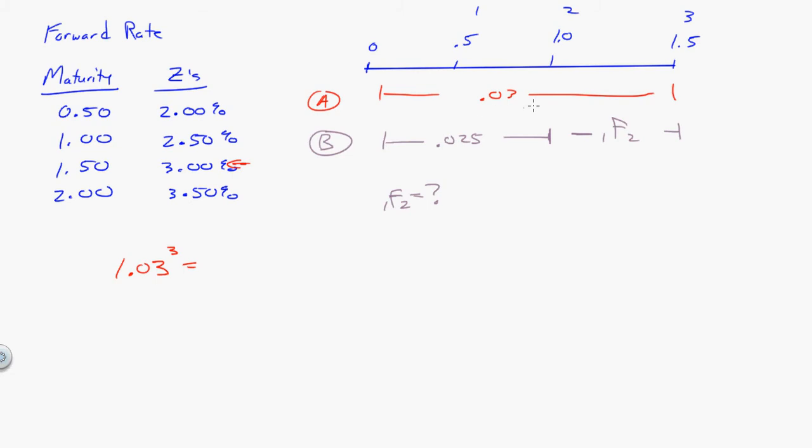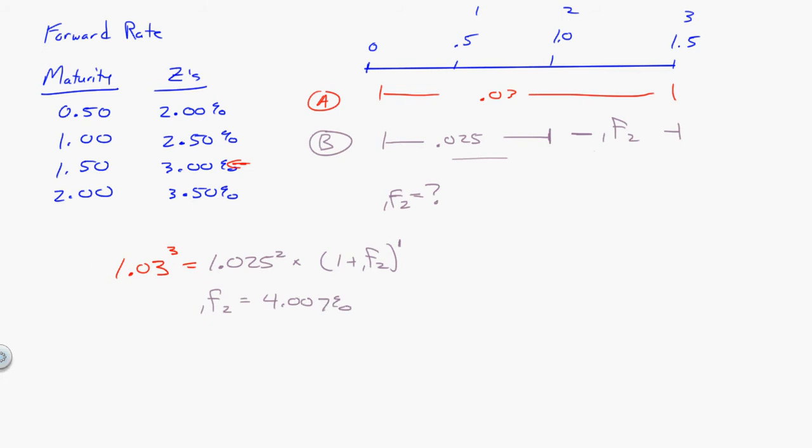My options are A, invest at 3% for the entire 3 periods, or B, invest for a year or 2 periods at 2.5%, and then invest at some unknown rate sometime in the future. So this would be 1.025 squared times 1 plus 1F2 to the first. I solve for this. 1F2 is equal to 4.007%.